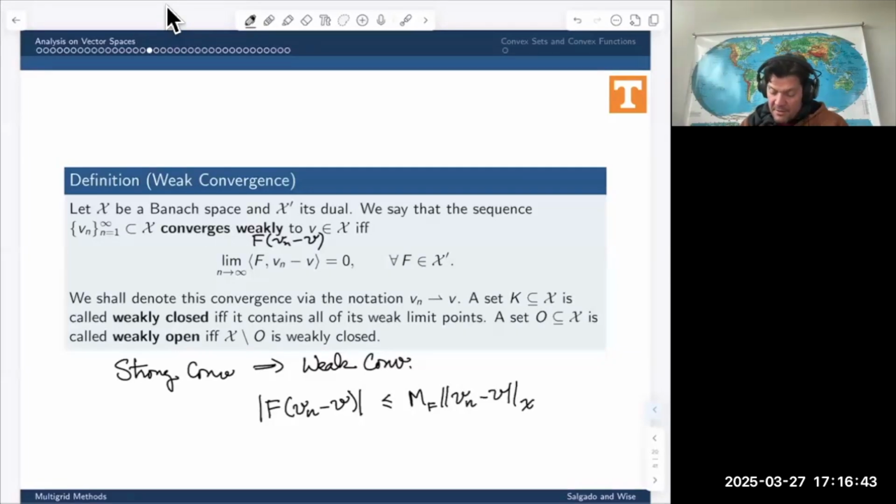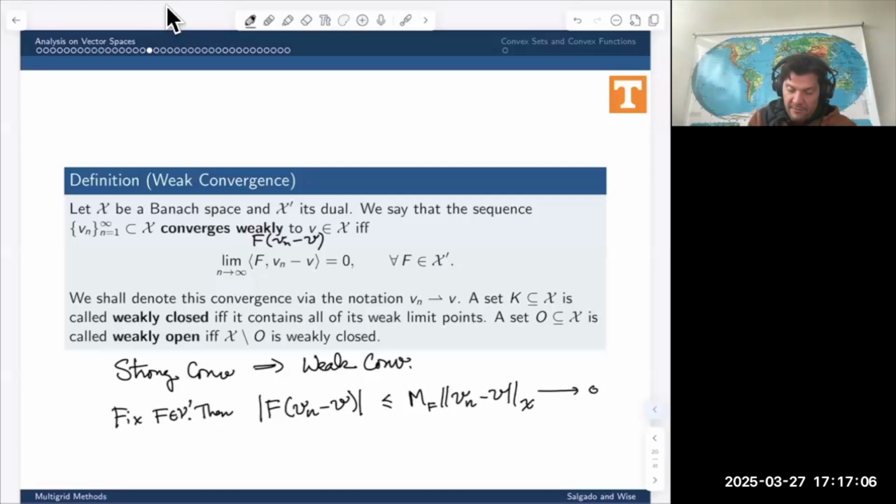Well, since I'm assuming strong convergence, I know that that guy goes to 0, right? So all I have to do is fix f. So maybe we'll start by writing our proof like that. Fix f, then, well, where are we fixing f? f is a bounded linear functional, right?